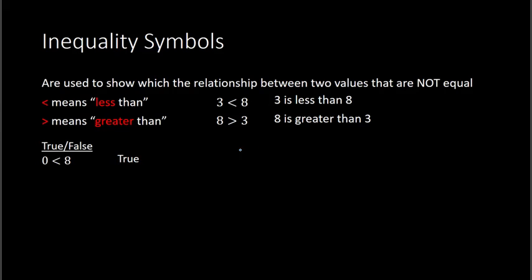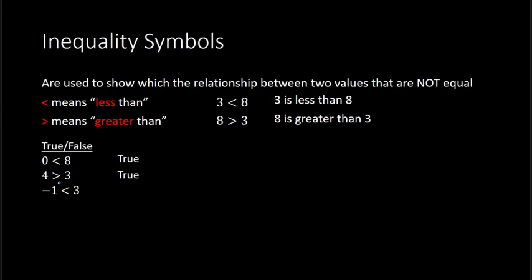And in English we would say 0 is less than 8, which is true. Next we have this. Is this true or false? Well, in English we would say 4 is greater than 3. And that's true, so our answer is true. And notice again the mouth is facing the bigger number. 4 is bigger, so the mouth is facing the 4.